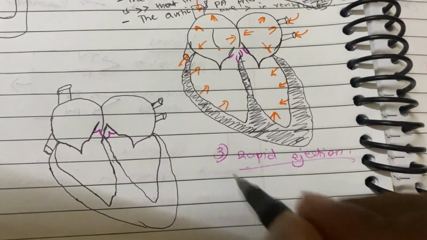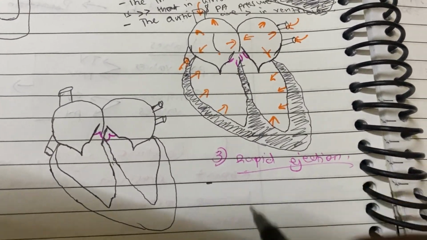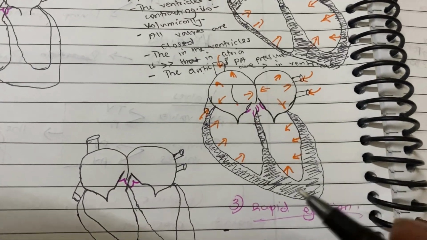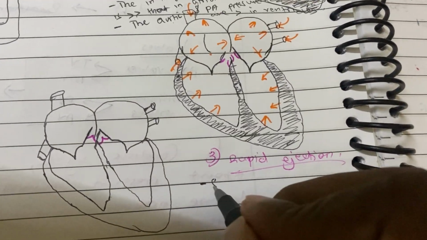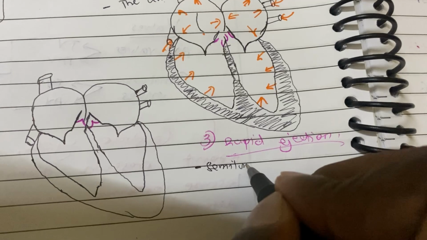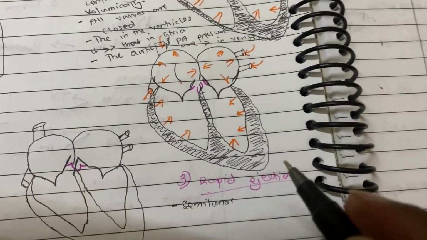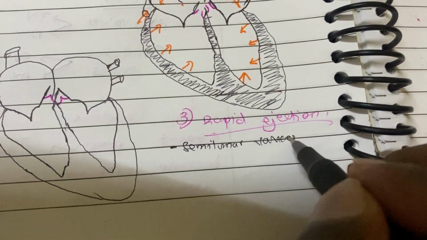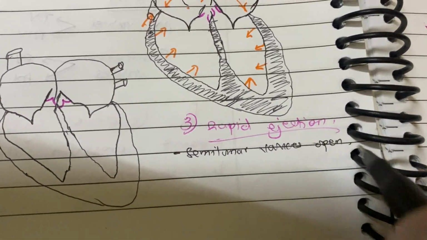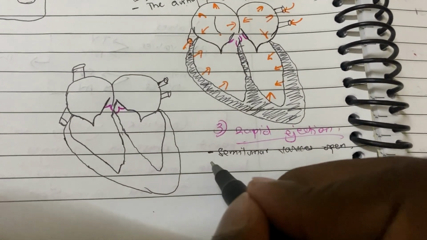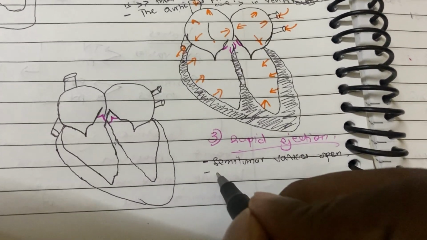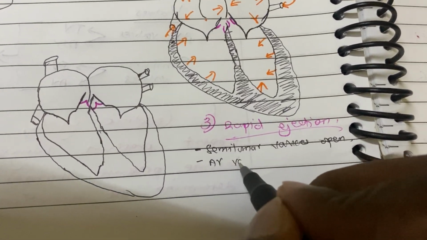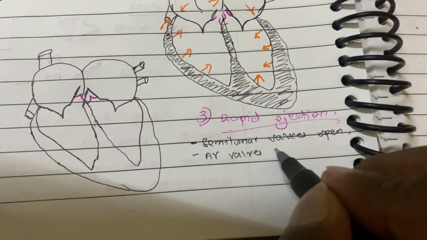So what happens here in phase 3? Semilunar valves open. AV valves still closed.